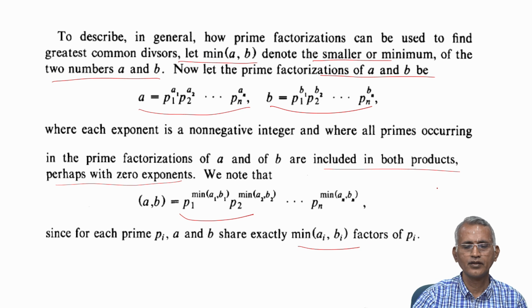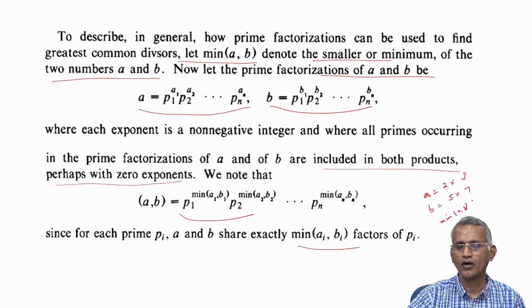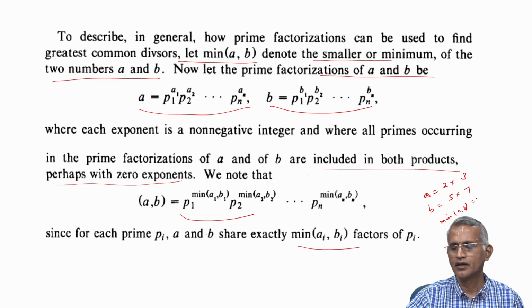That is, take A as a product of primes 2 into 3, and B as the product of 5 into 7. Now, what is the minimum of A and B?